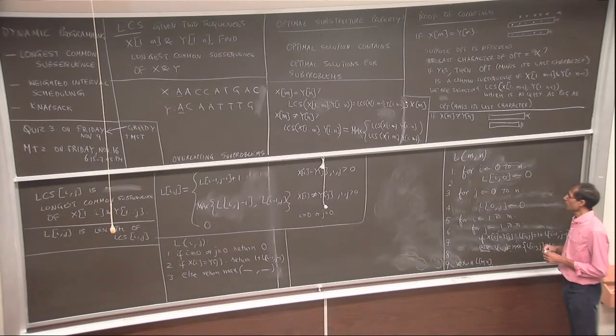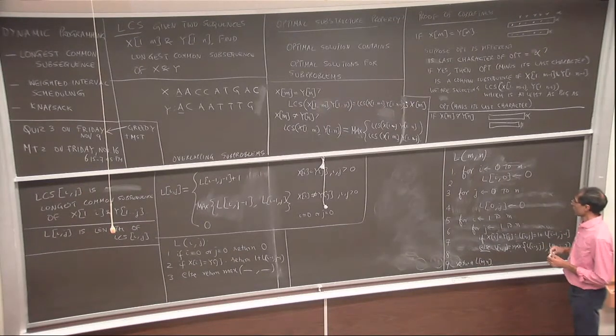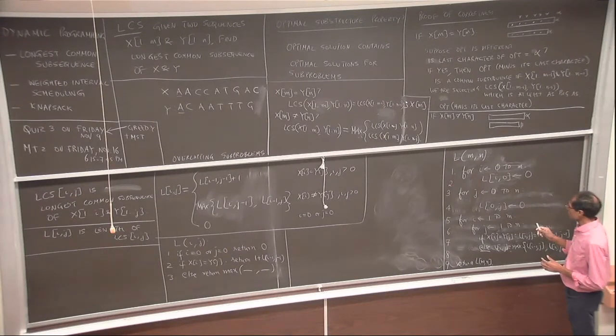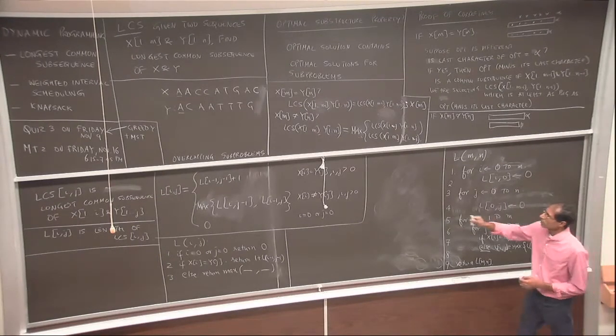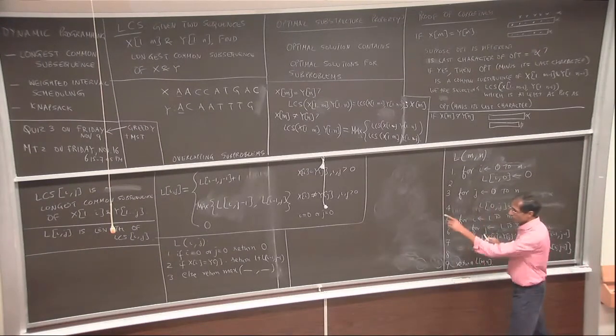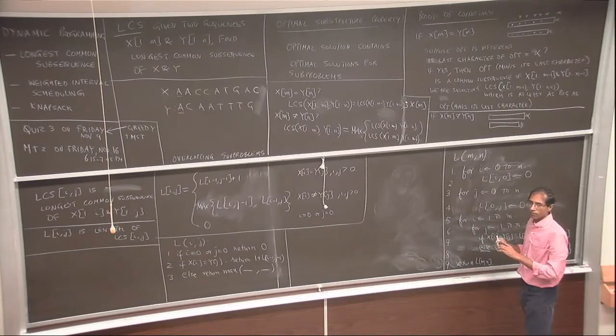Let's see. The way to think about it: the way we have written the recurrence, it's not like we have started from the back of the array.